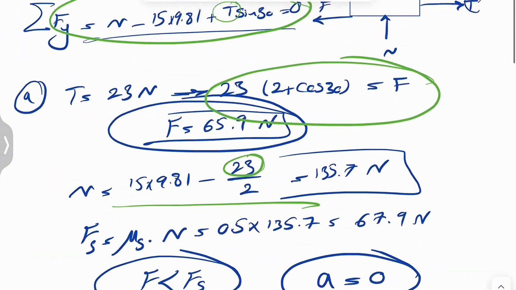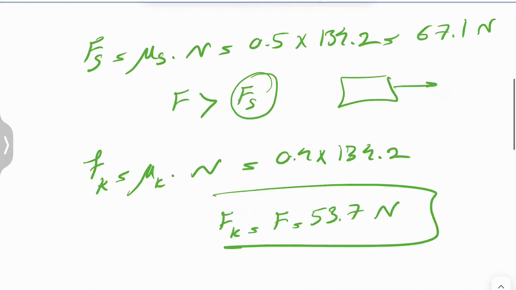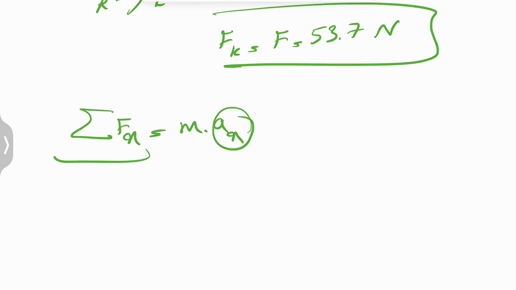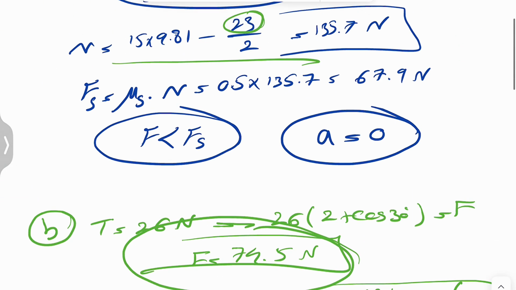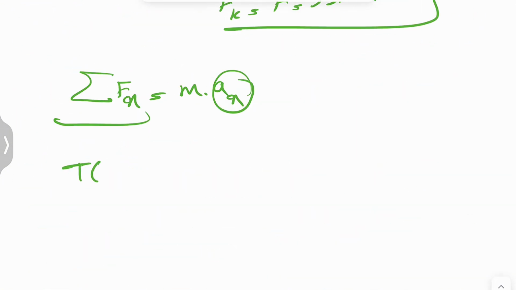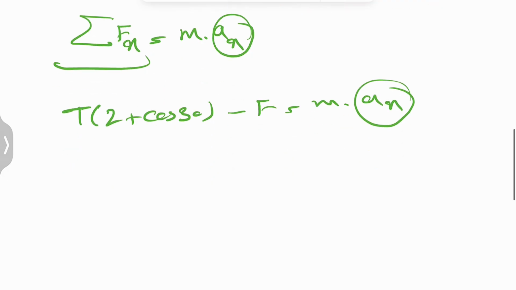The question is asking for the acceleration. Now our sum of all forces in the x direction is not 0 anymore because we are not in equilibrium. For the x direction, this is the equation we had: T times (2 plus cosine of 30) negative F is equal to m a x. This is our only unknown.